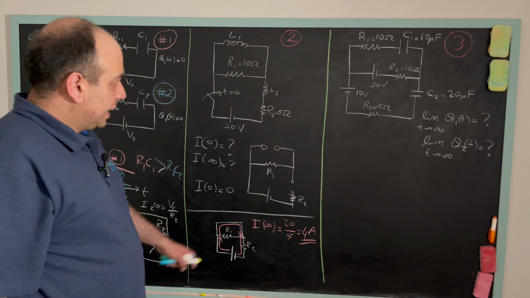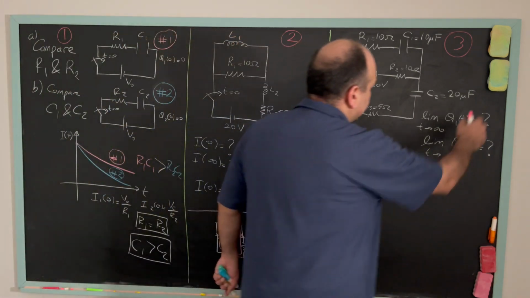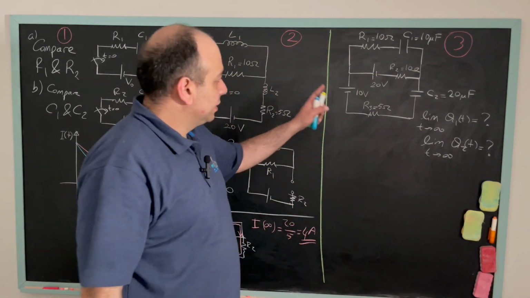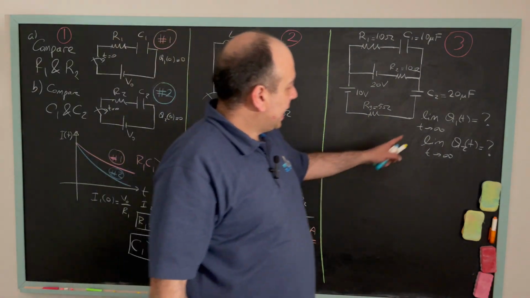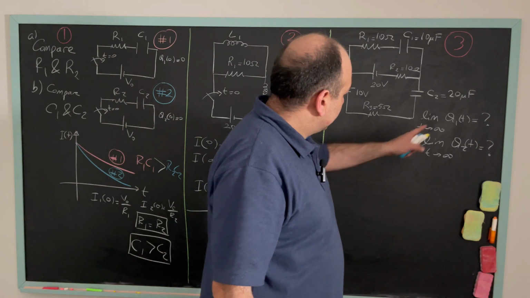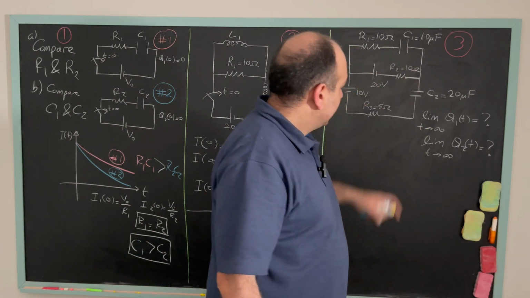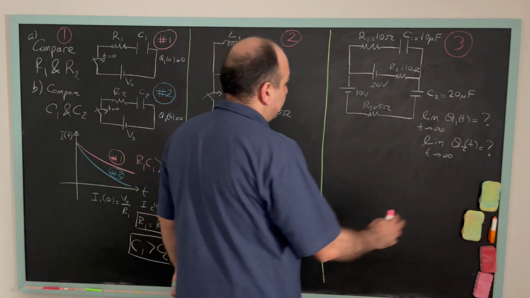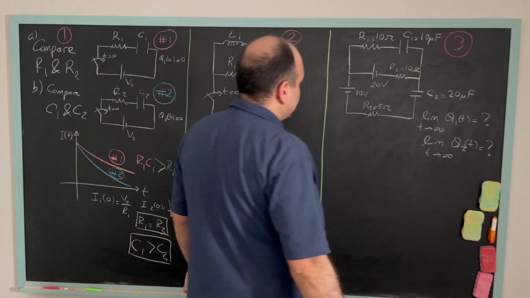Okay. So let's look at this last example here. We have a circuit with resistors and capacitors, and they ask us what is the charge on each capacitor in steady state. So if we wait long enough, what will happen to the charge on these capacitors?